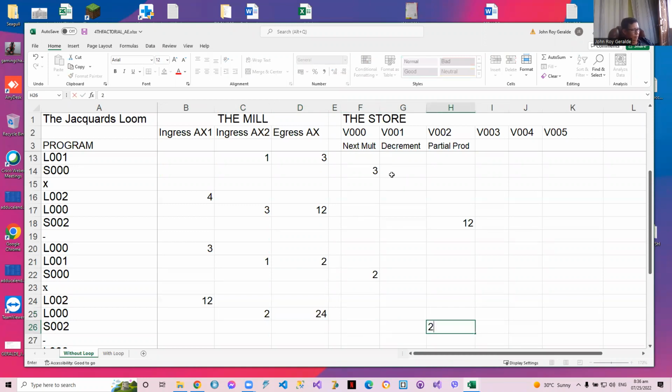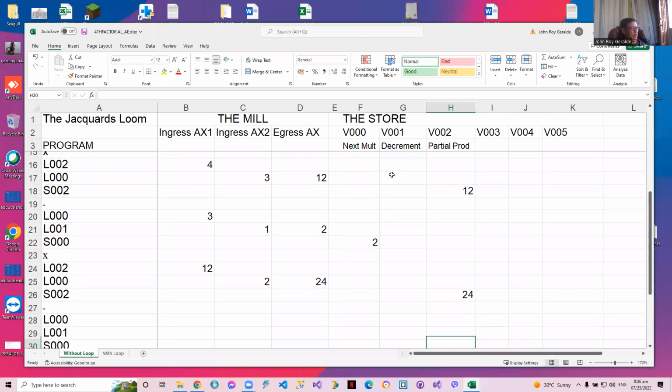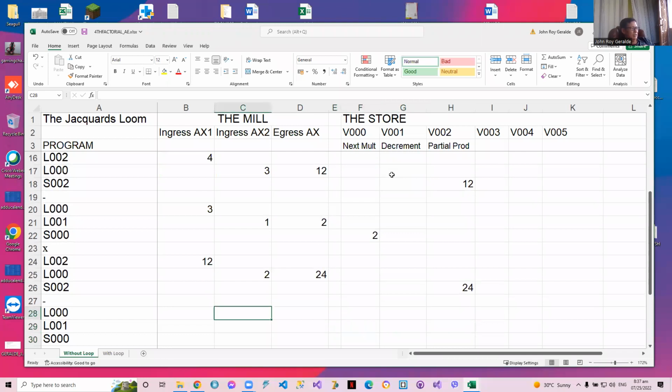This is our partial product. You follow? Okay. And then we do a minus of L000. 00 is 2. And L001 will always be 1. And it fires because we're in the second parameter. This becomes 1. Okay. And it will be stored at 1.